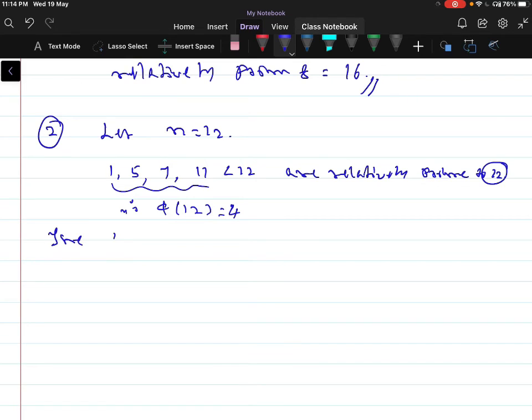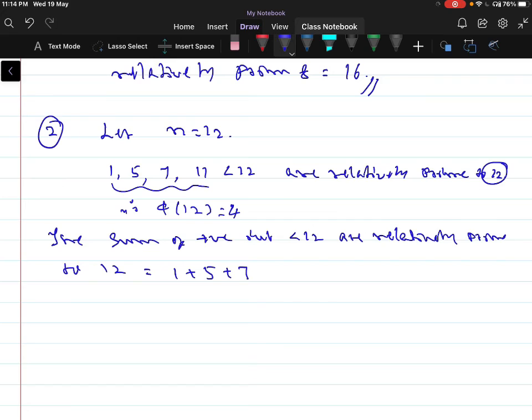The sum of the positive integers less than 12 and that are relatively prime to 12 is equal to 1 plus 5 plus 7 plus 11, so that is equal to 24.